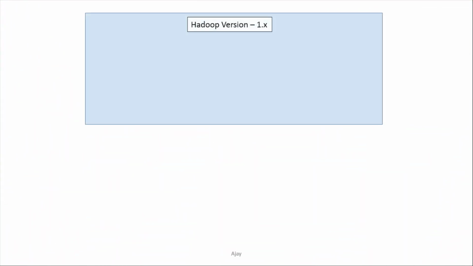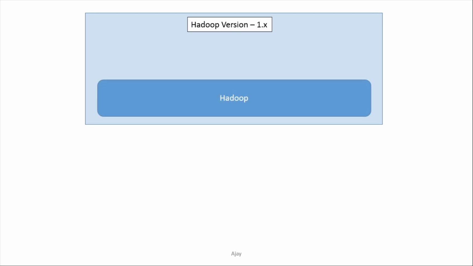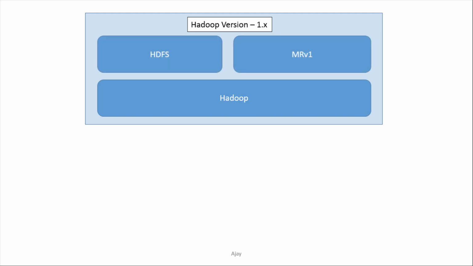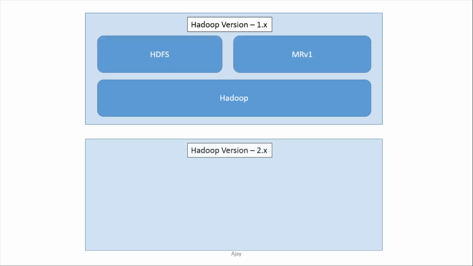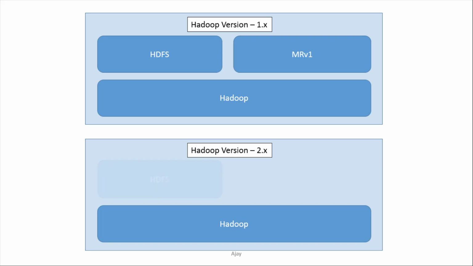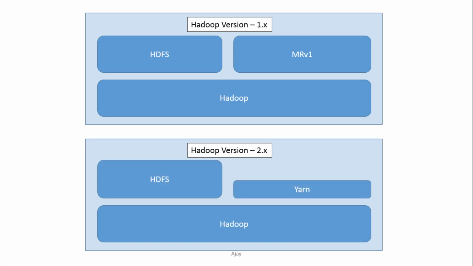In version 1 of Hadoop, Hadoop was built with two major components, HDFS and MapReduce. But in version 2 of Hadoop, there is HDFS, YARN for resource allocation, on top of which MapReduce and other applications exist. It is very important to note that MapReduce is just yet another application running on top of YARN.